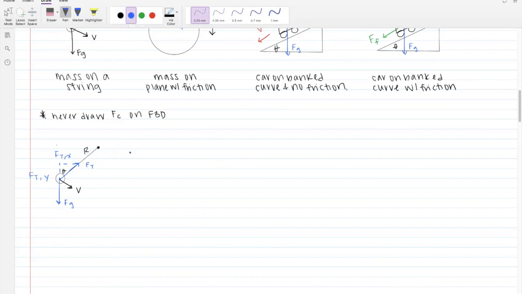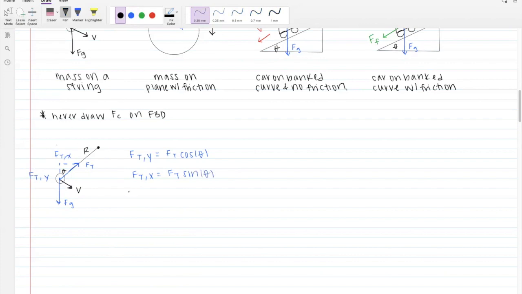So let's derive your force of tension in the y direction then. This is going to be equal to your Ft, because this is adjacent, cosine theta. As for your force of tension in the x direction, Ft, because it's opposite, sine theta.